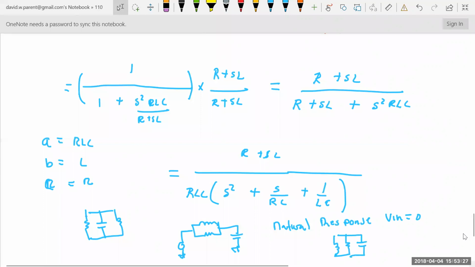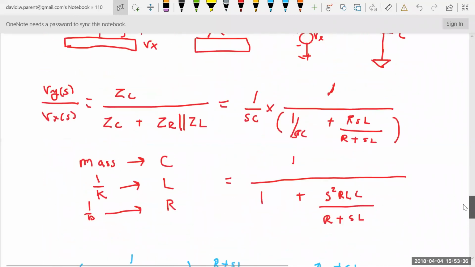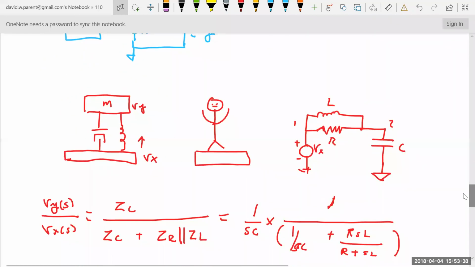And if you get a question, is this going to be over, under, or critically damped? You can draw this picture, but rather than go through the voltage division, you can go straight, set that to 0. Notice they're in parallel, and then do your nodal analysis or whatever. And all you have to do is find the natural response of what that's going to do, right?